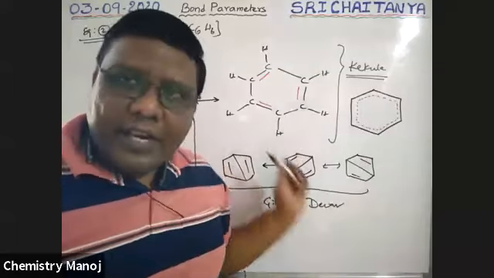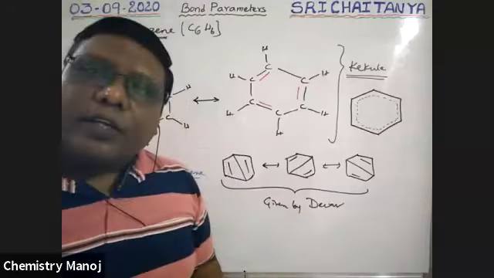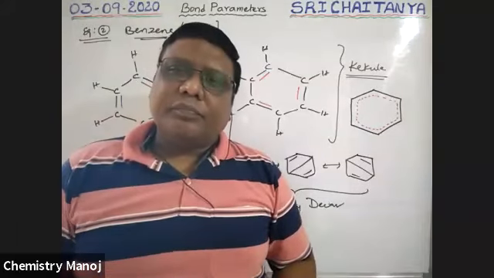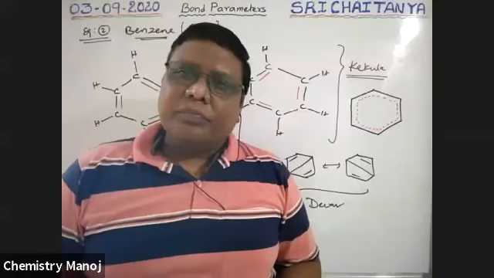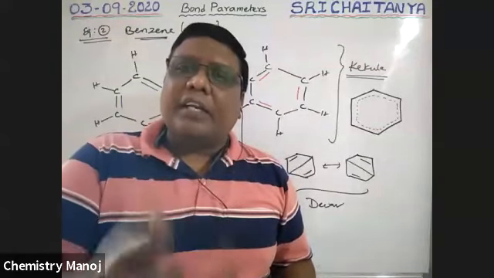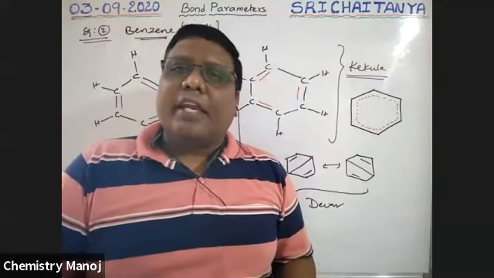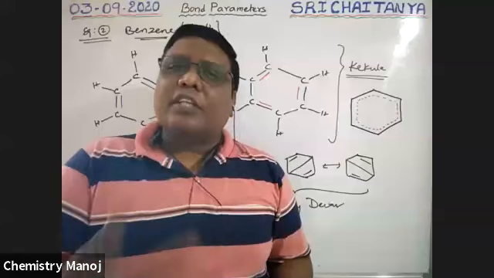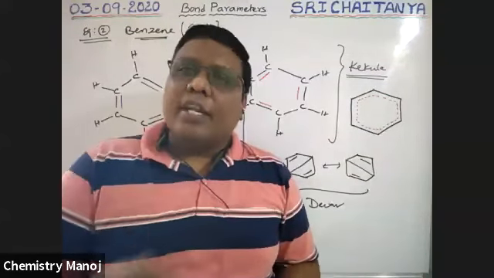Because of resonance, the molecule loses its energy. Because one structure is interconvertible into another, and for that interconversion it uses energy. That means it loses some energy, and that energy is called resonance energy.